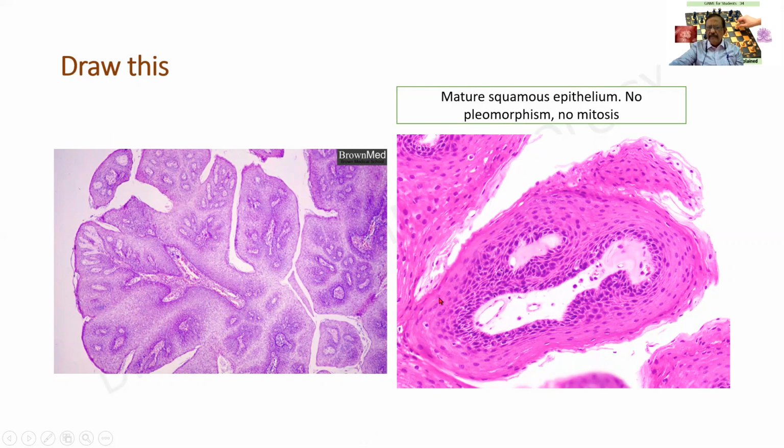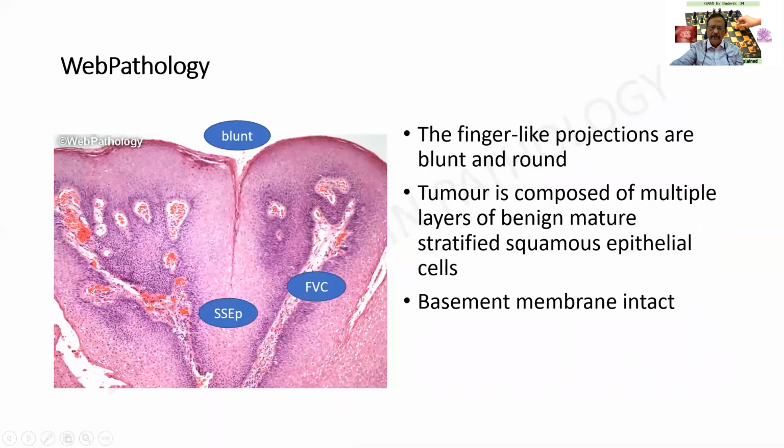And in this, I am finding a higher magnification. I am able to trace the multiple layers of the stratified squamous epithelium. The blue dots denote the nucleus, whereas the pinkish color is the cytoplasm. And this is a cut surface of a fibrovascular core. No pleomorphism, no mitosis.